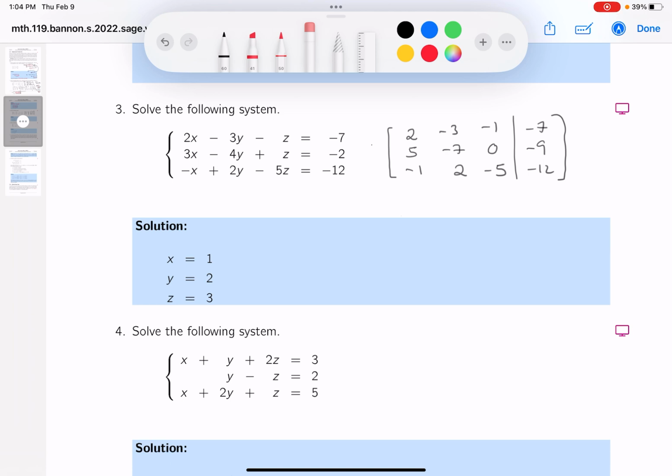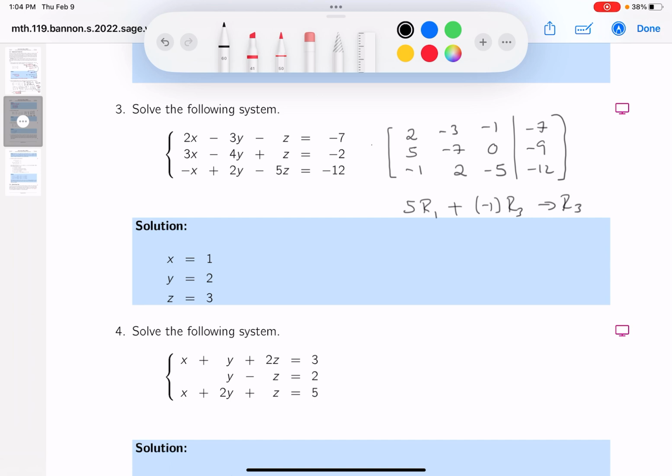I'm kind of curious what to do about it, and I'm looking at it. Let's see, I'm going to do 5 row 1, minus, or no, plus, let's see, minus 1 row 3 and give it to row 3.